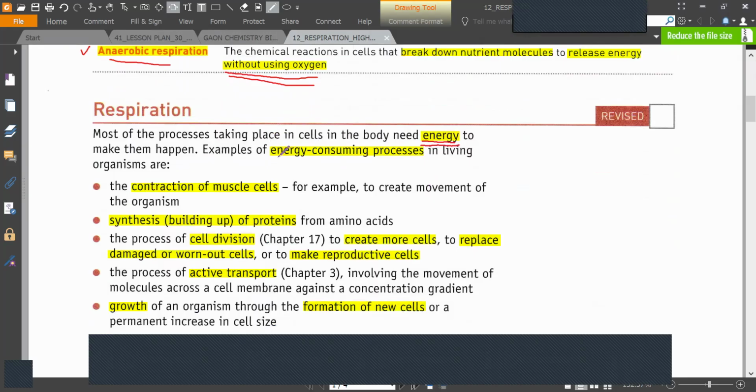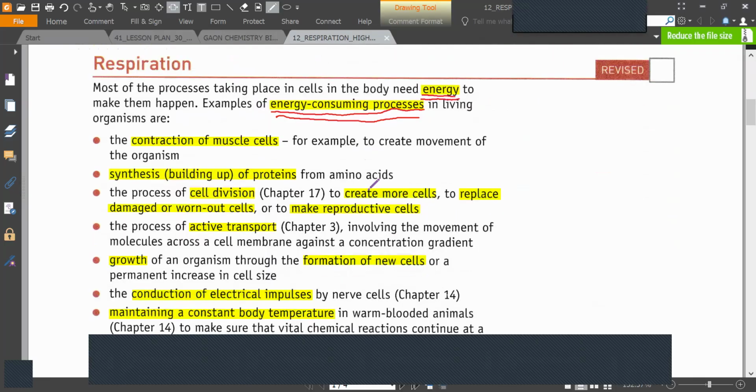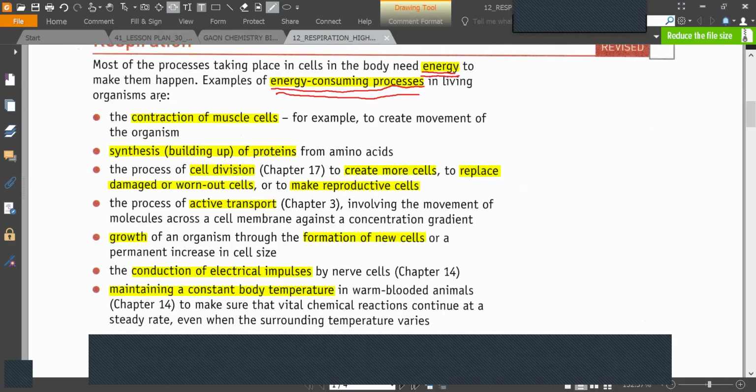We have many energy consuming processes. Everything we do in our body, we need energy, so energy is very important. For example, we need energy to contract and move our muscles, to walk, to use our hands.